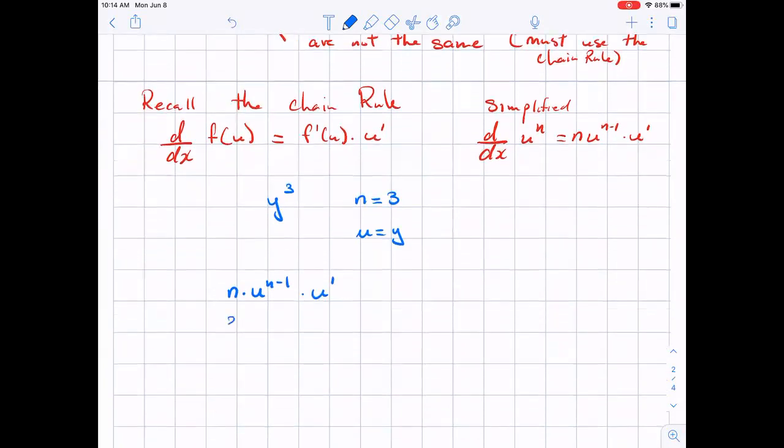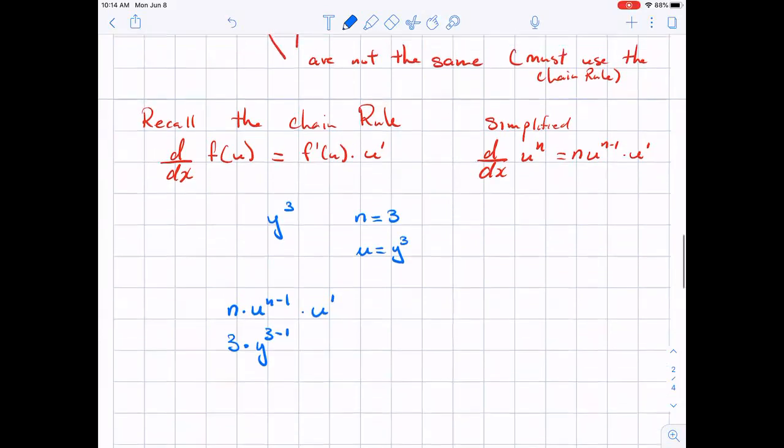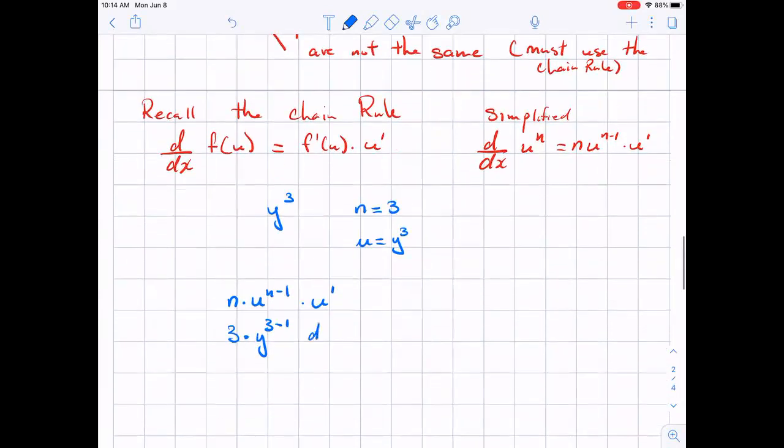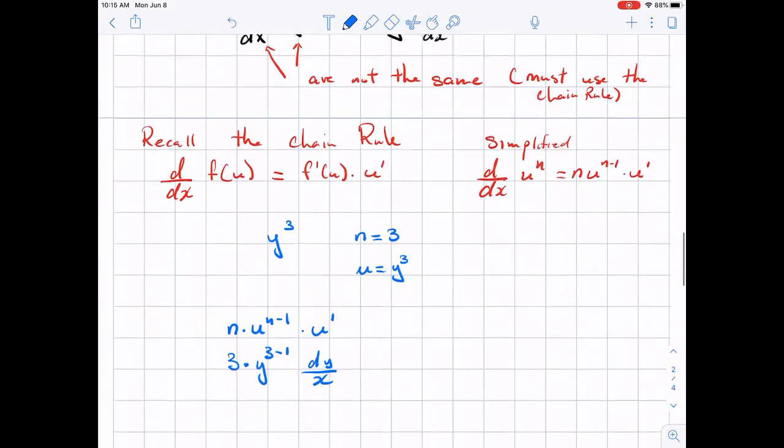So n is 3 times u, here y, to the 3 minus 1, and then the derivative of u. Well, the derivative of u is just dy dx, because I'm taking it with respect to x. If it was du, then it would have been du dx. So that's really how we're getting the whole answer, dy dx.